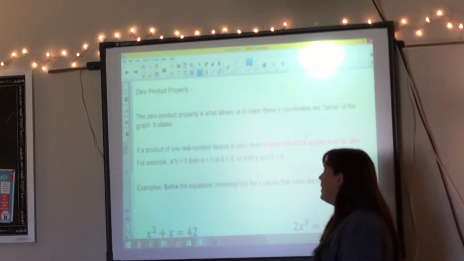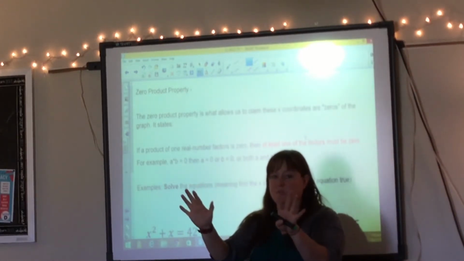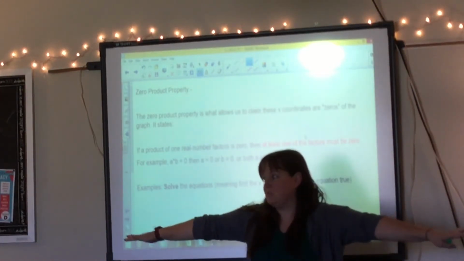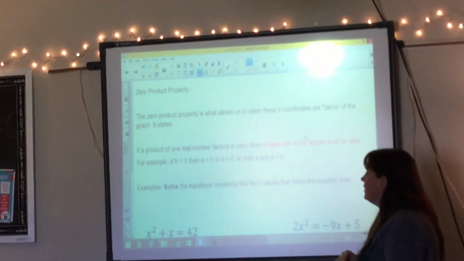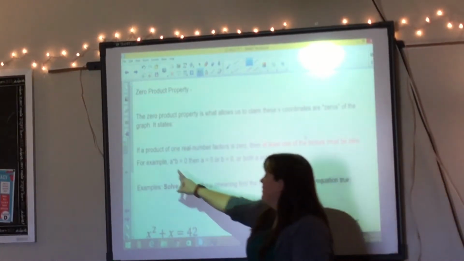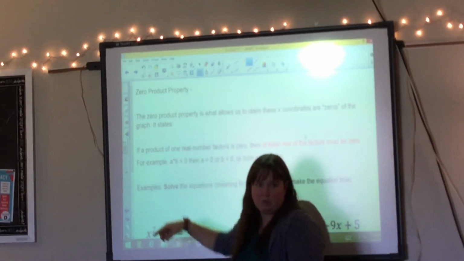So that's the mathy way of saying if either one of those happens to be equal to 0, then the whole thing is equal to 0. It wipes the whole thing out. If we had A times B, if A was 0, the whole thing would be wiped out. If B was 0, the whole thing would be wiped out.